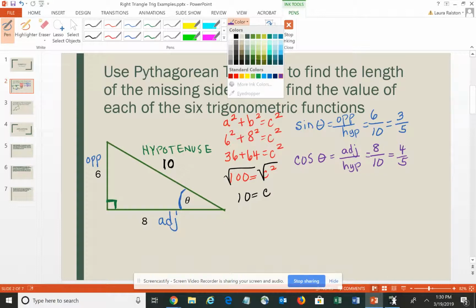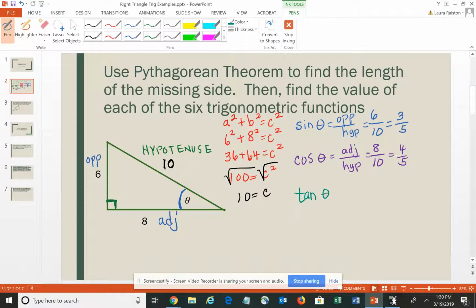Third, we would have tangent. Again, the order that you do them in really doesn't matter. Tangent of theta is opposite over adjacent, and that equals 6 over 8 or 3/4.